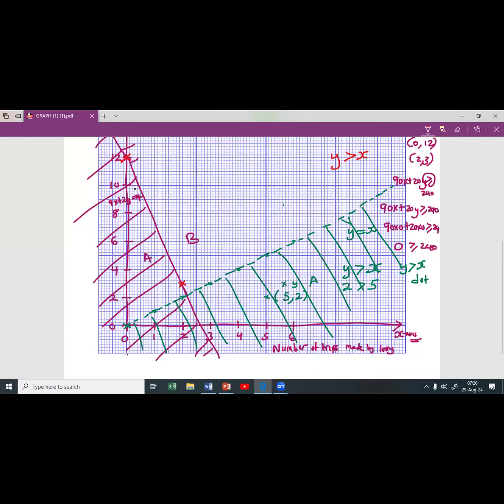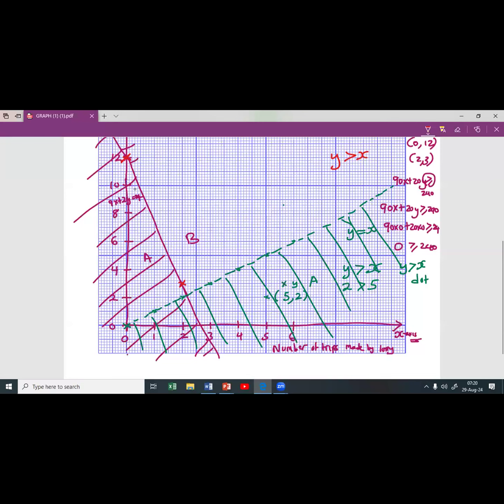After comparing it with the equation, we have shaded this part, the no region. And also when you have again chosen 5 and 8, I'm totally confused on that line.